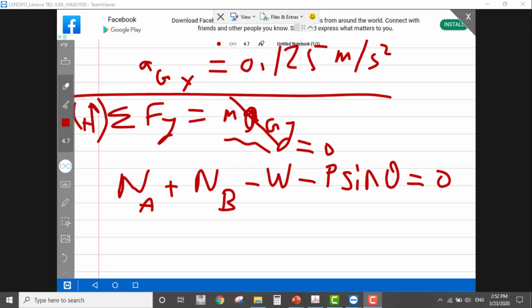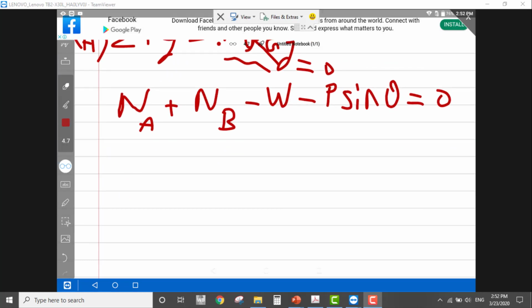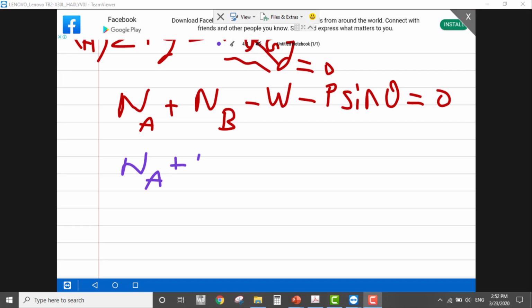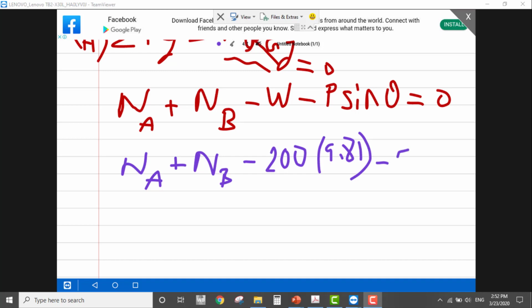Now NA and NB are unknown, so NA plus NB unknown, but we have the weight since we have the mass of the cart, which is 200, multiplied by 9.81, do not approximate to 10, okay, minus the external force given, 50 multiplied by sine 60. This is equal to 0.